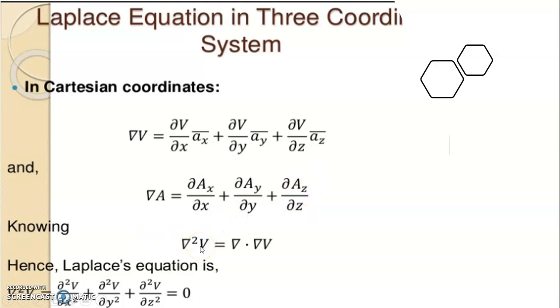It is the dot product of these two, so ax dot ax will become 1, ay dot ay will become 1, and az dot az will become 1. So we can write del square V upon del x square plus del square V upon del y square plus del square V upon del z square is equal to 0. This is the formula for the Cartesian system, because coordinates are in x, y and z.